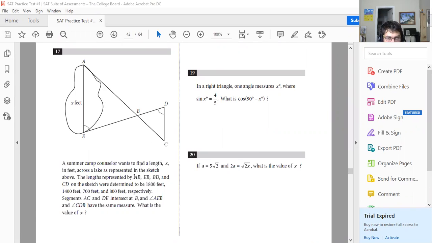The lengths represented by AB, EB, BD, and CD are determined to be 1,800 feet, so that's AB, 1,400 feet for EB, then we have BD, 700 feet, and the last one, CD, was 800 feet.